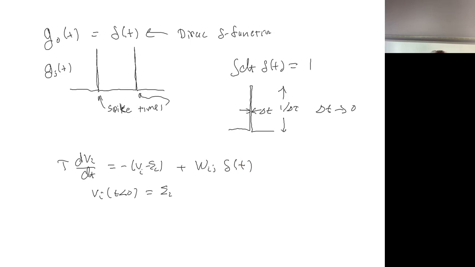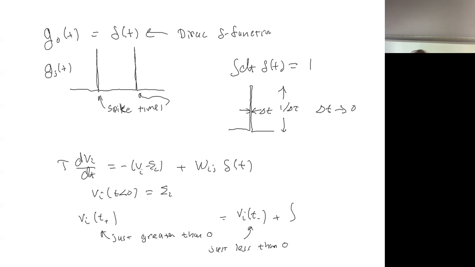So V_i at t plus, which means just greater than 0, equals V_i at t minus, so less than 0, plus the integral from t minus to t plus of dt. You've got two terms: minus (V_i minus E_leak) plus W_ij delta of t, times 1 over tau.